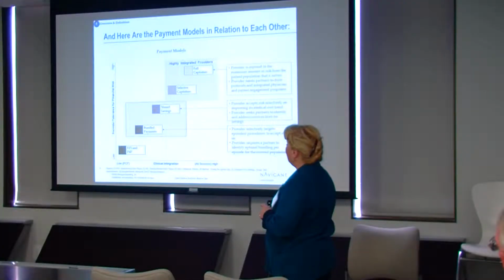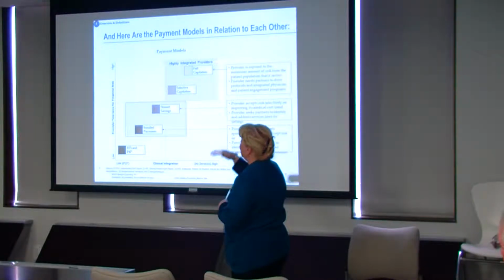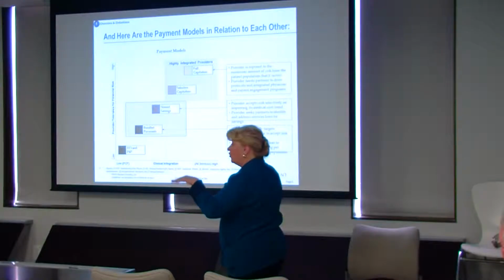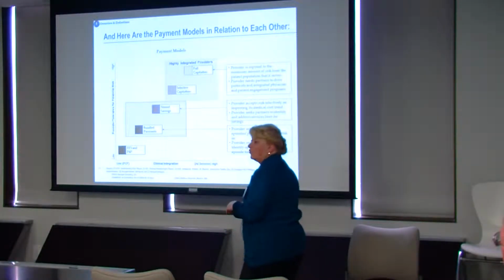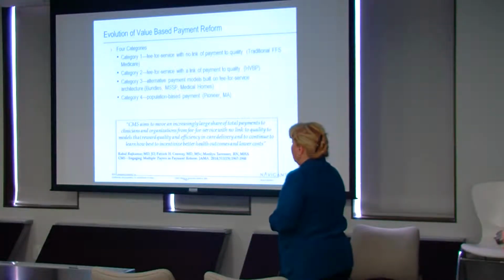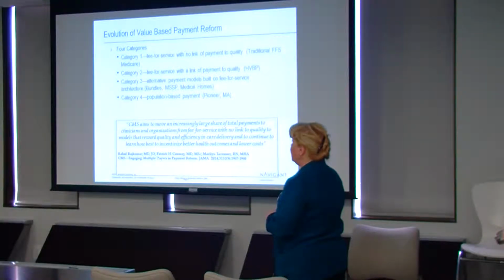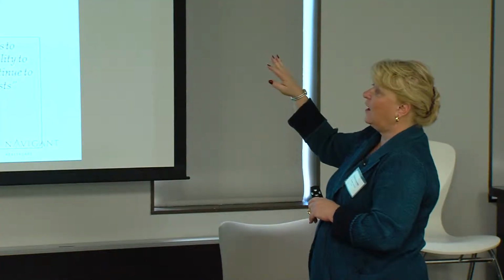Here are the payment models in relationship to each other. It starts with fee for service, goes to bundle payments, goes to shared savings, and then ends up in capitation. So these are all building blocks to a more fully integrated system. In the fall of 2014, Marilyn Tavenner and Dr. Conway published a paper in JAMA in which they take the 4 types of payment models and put them in categories.